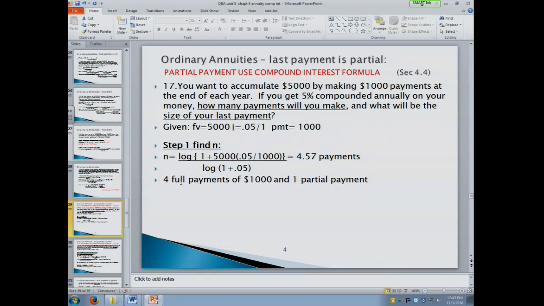So I am going to get 4 full payments of $1,000 and then 1 partial payment, 1 payment less than $1,000. So we're going to do this in 2 steps. The first part is we're going to find out what these 4 full payments are going to be worth at the end of 4 years.